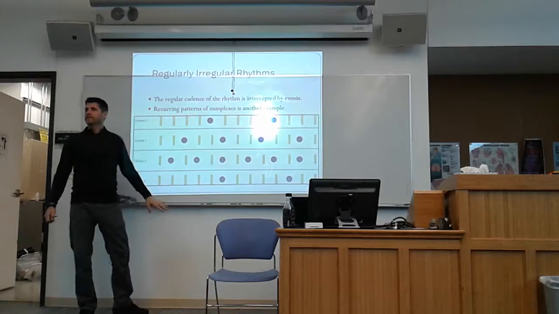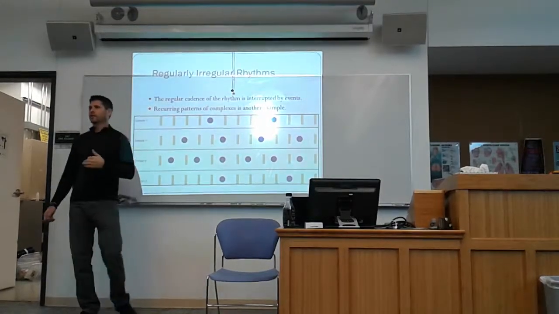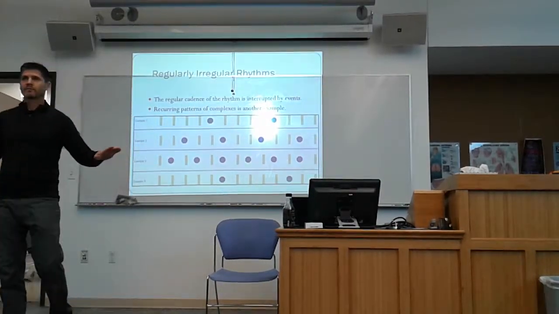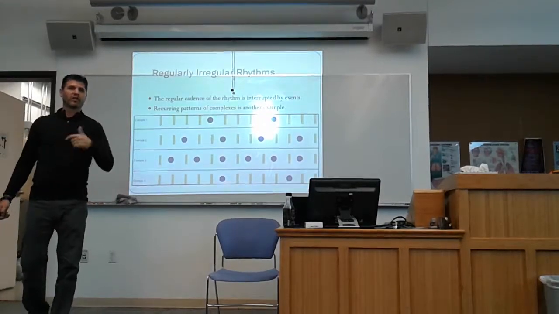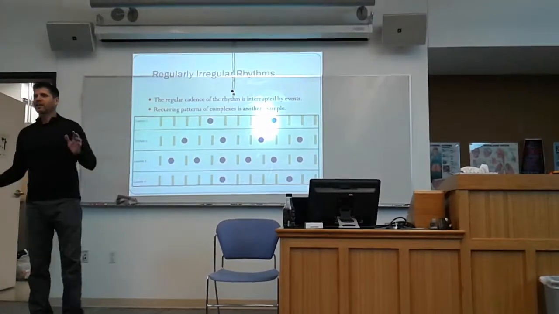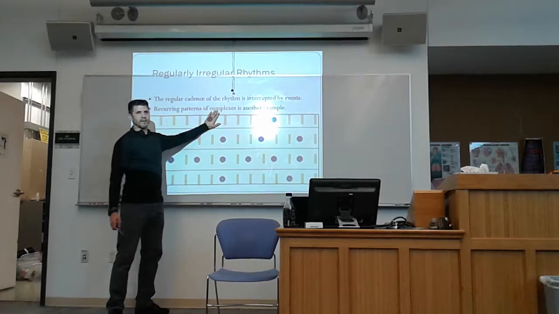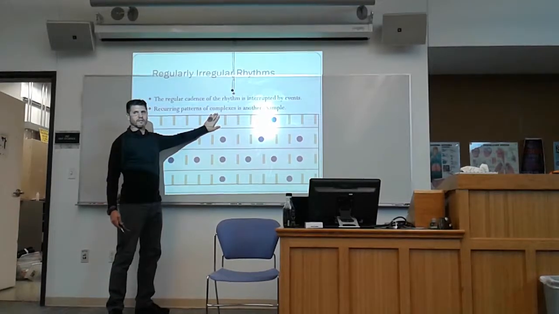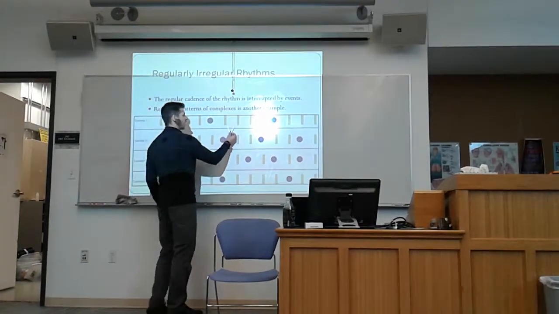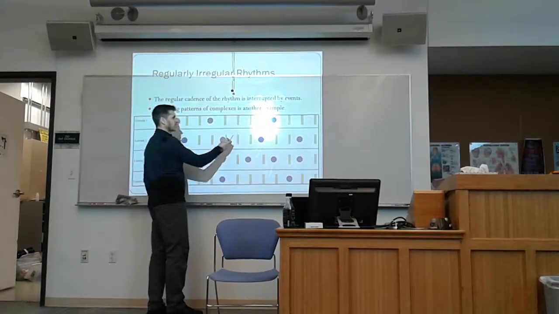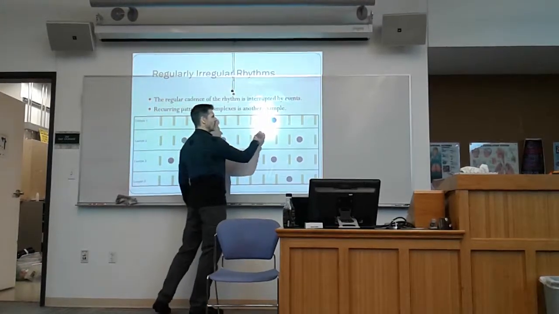Maybe one's missing. Maybe this blue dot represents no QRS complex. Maybe it represents one of those big QRS complexes that we saw. I don't know, something's different right here. Something's not right here. But when I look a little bit further down the strip, all of these match out also.